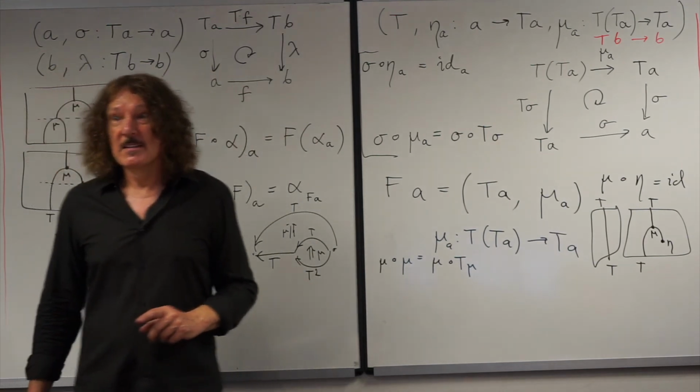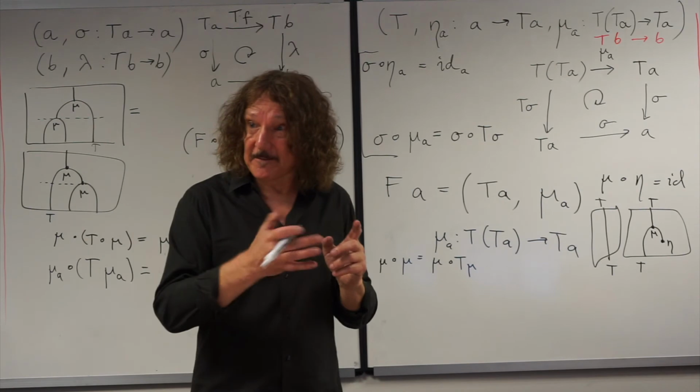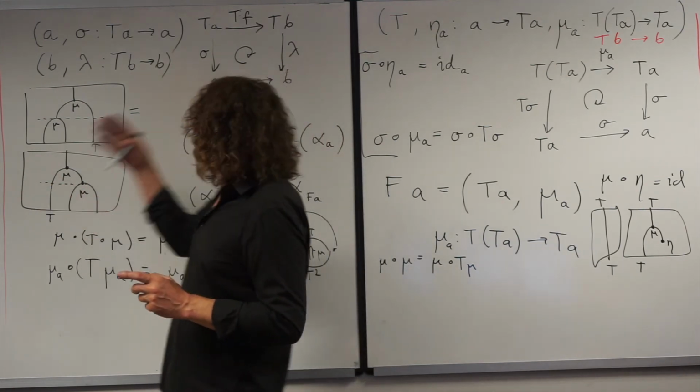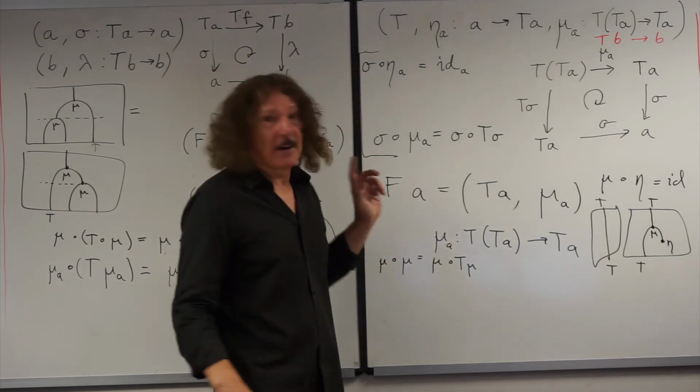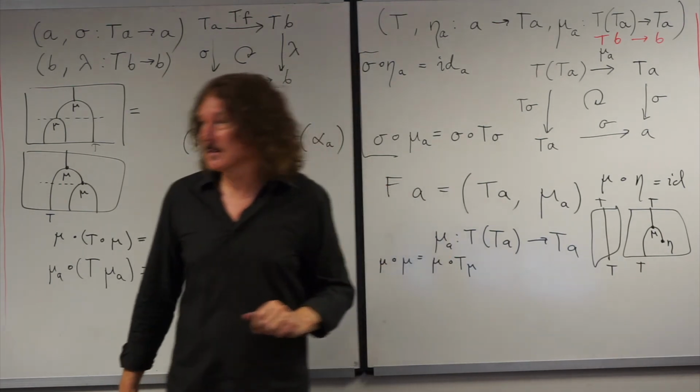Okay? So now we have two functors, left and right. The right functor is this forgetful functor. The left functor is this free functor that generates these algebras.